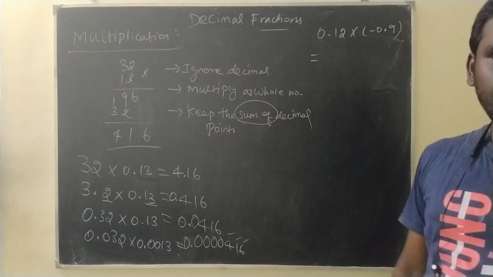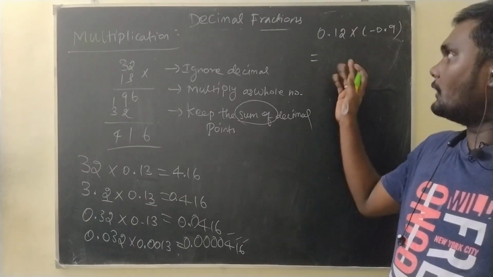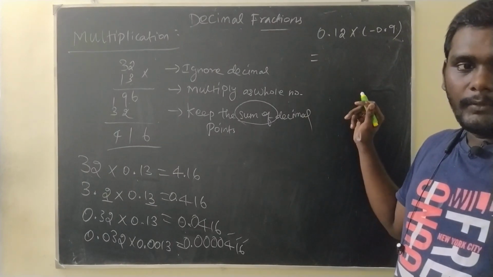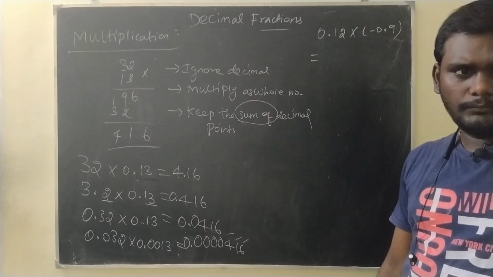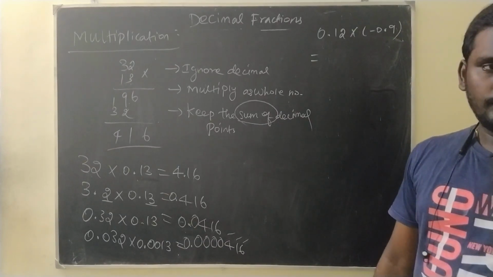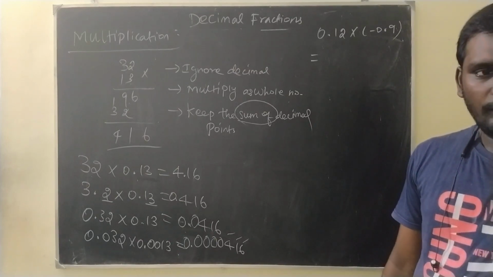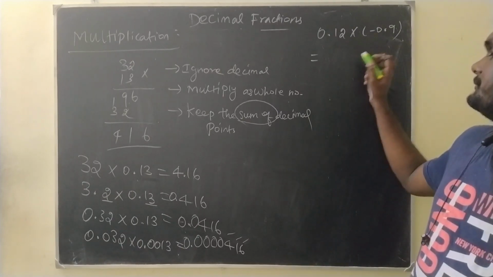What is the answer? We should multiply it as, let me do it, the next question you can do. 12 nines are how much? Come on. Someone open the calculator. 108.